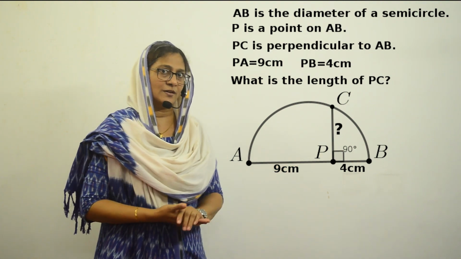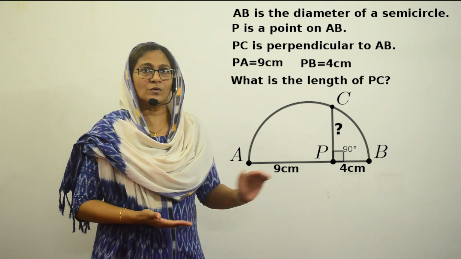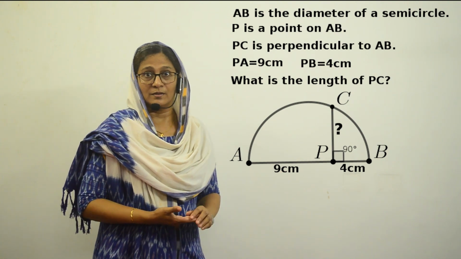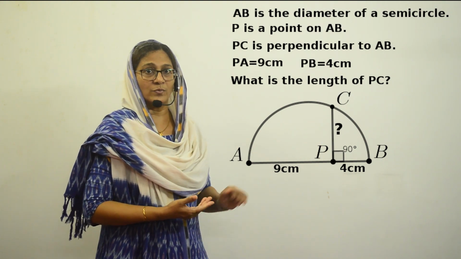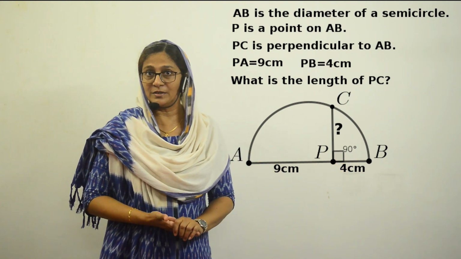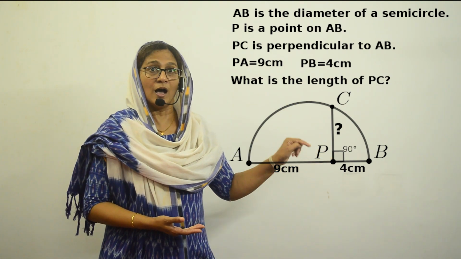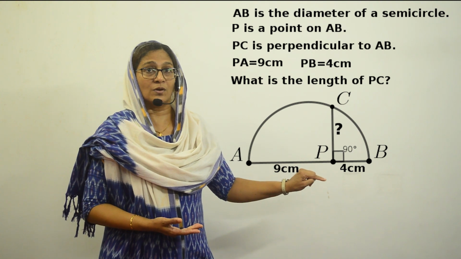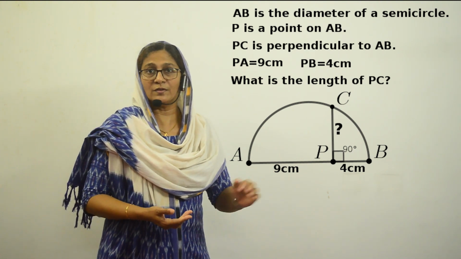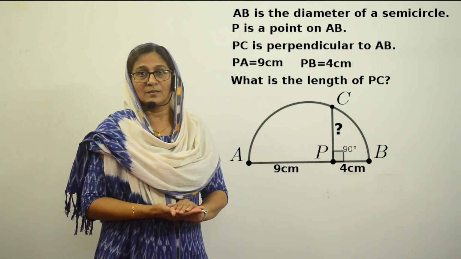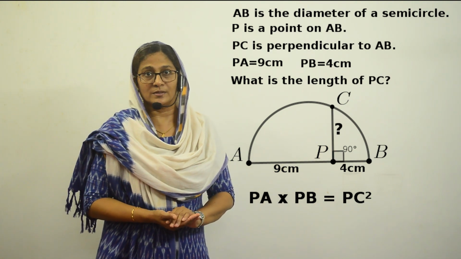Now, such a semicircle is familiar to us. We know here that actually there may be a full circle and one of the chords is the diameter, and PC is only half of the perpendicular chord of the diameter. So here we can use the relation PA multiplied by PB is equal to PC squared.